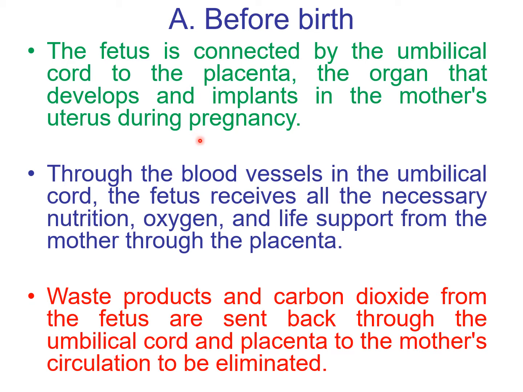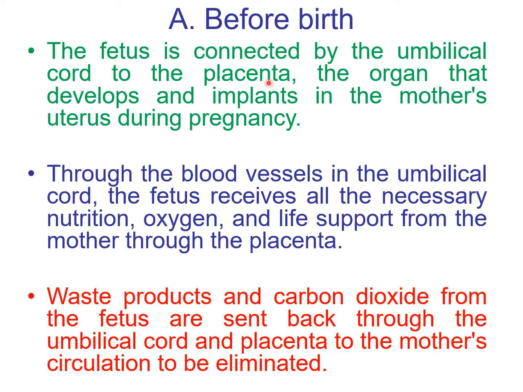So before birth, the fetus is connected by the umbilical cord to the placenta. We already talked about this in previous lectures. The placenta is the organ that develops and implants in the mother's uterus during pregnancy.